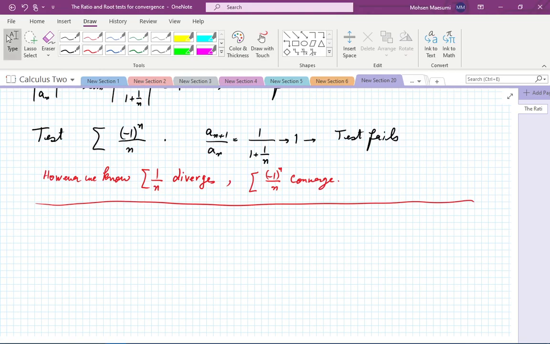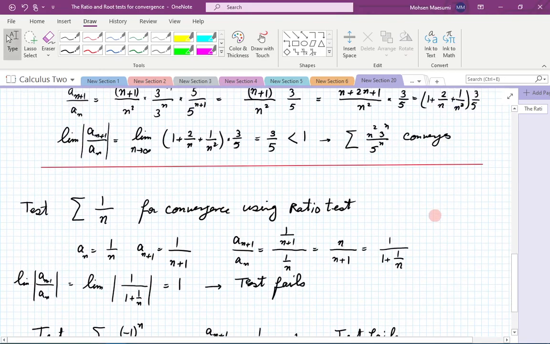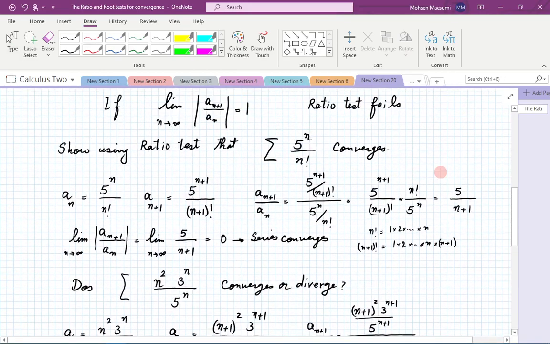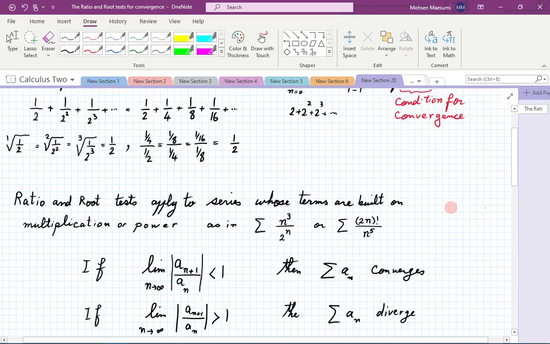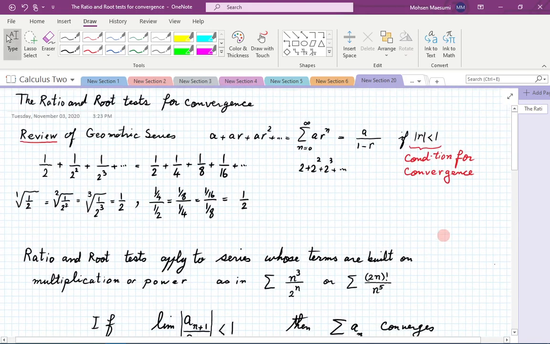So that was style 1. Style number 2 is the root test. So what's the idea of the root test? The idea of the root test goes back to the geometric series. If the nth root of the nth term tends to be less than 1, then we have established convergence. But in the opposite case, if the nth root of the nth term is larger than 1, then it's going to diverge.